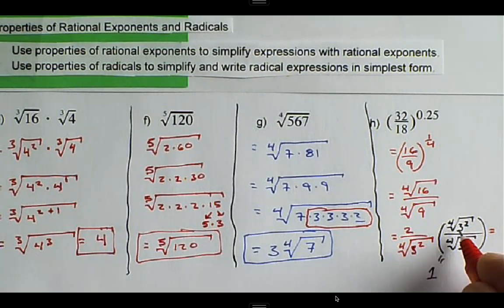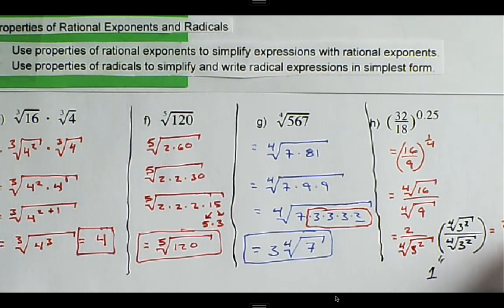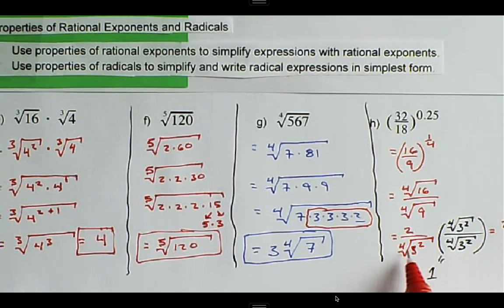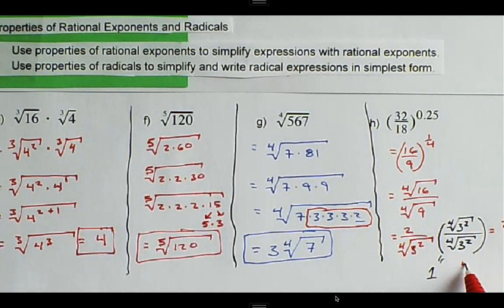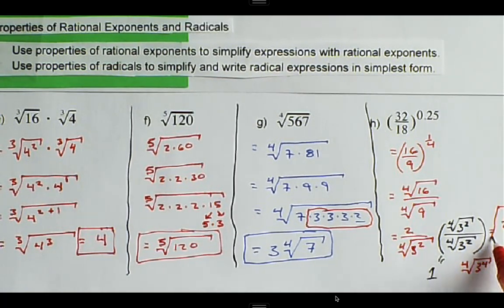We get 2 times the 4th root of 9 squared, which is 9, divided by, now when we multiply this denominator together, we're going to get the 4th root of 3 to the 4th, and the 4 and the 4 cancel, and we're left with 3 in the denominator. And that is our simplified version.